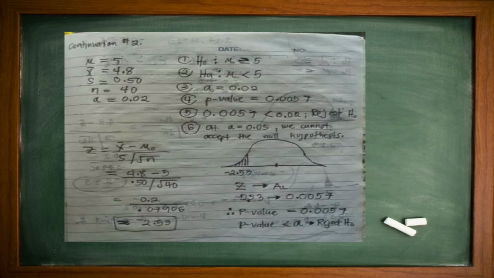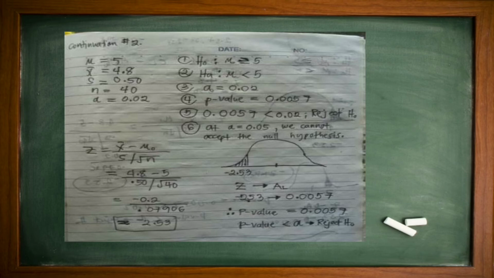And then compute 4.8 minus 5 is equal to negative 0.2. And then 0.50 divided by the square root of 40 is equal to 0.07906.